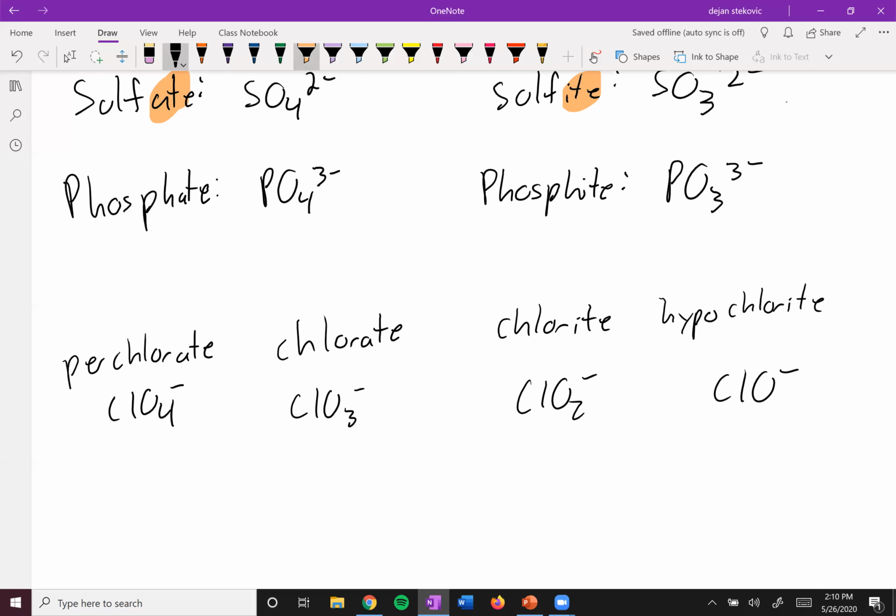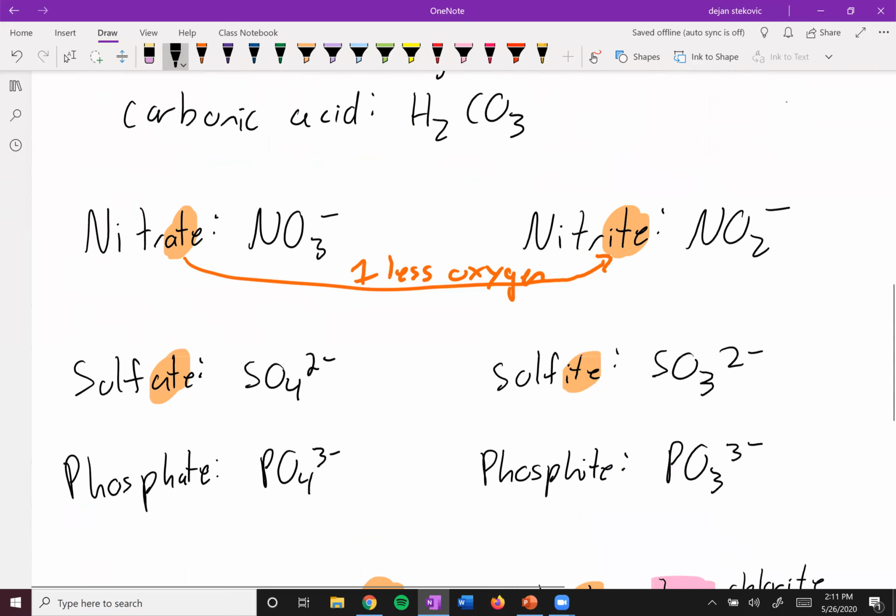So you can see this combination of chlorine and oxygen can have a lot of different variations, right? So the ate, you change it to an ite, you lose an oxygen. And then if you add hypo in front of that, you lose yet another oxygen. Then if you go back to the original chlorate, if you add a per in front of it, that means you gain an oxygen.